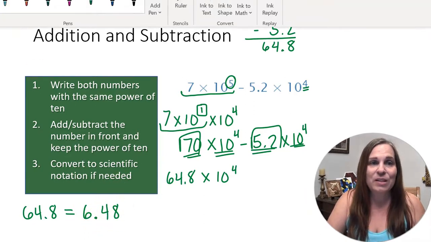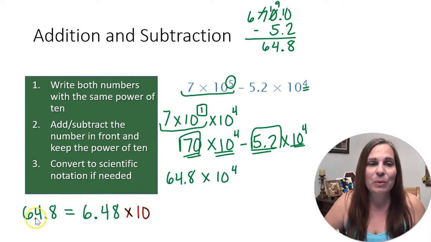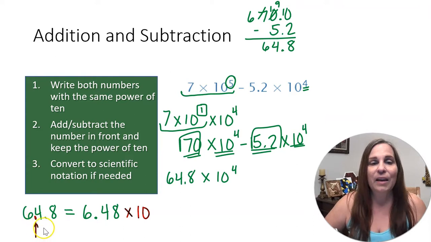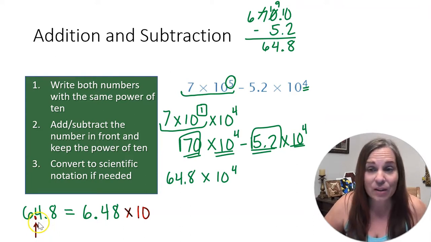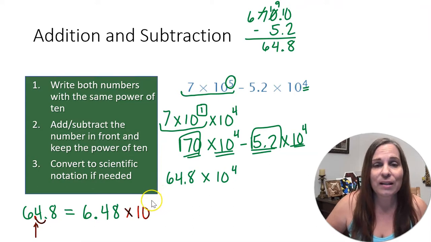So that means I'm moving the decimal point right here. Then I'm going to write times 10, and now I need the exponent. To get the exponent, here's where I placed the decimal, and I have to look at how to get it back where it started. To do that, I move it 1 to the right, so my exponent is 1.